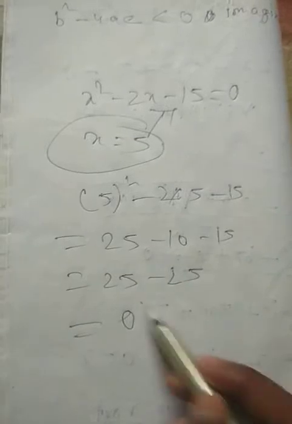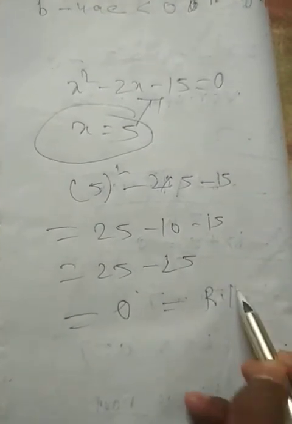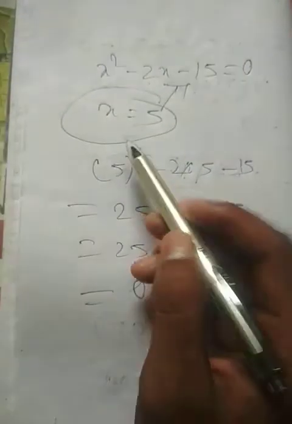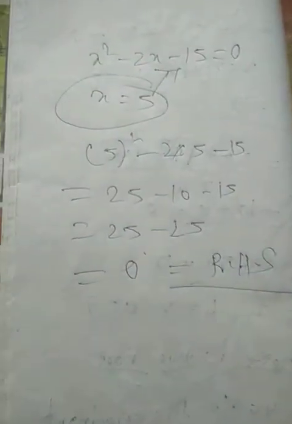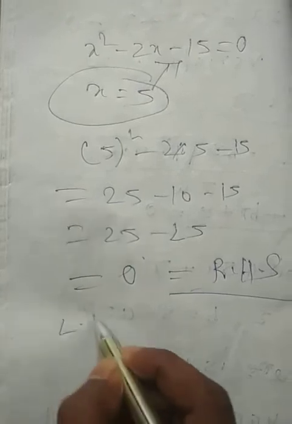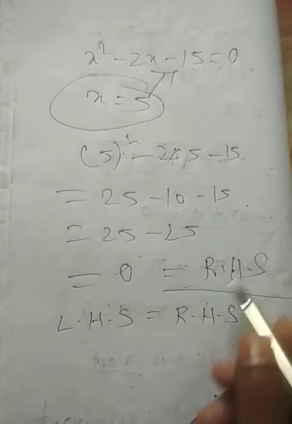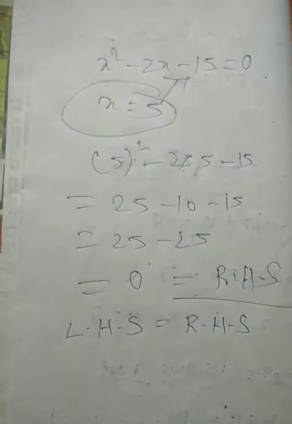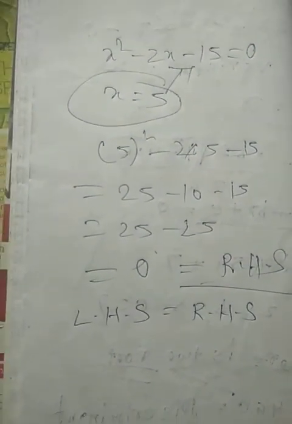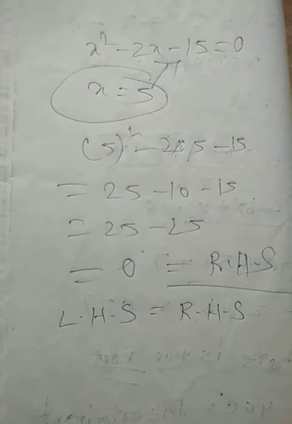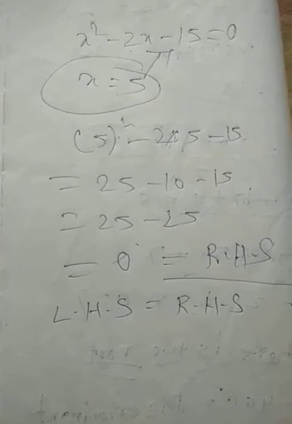So we got 0 in the LHS, and in the right hand side that is also 0. So by putting the value of x equal to 5, I got LHS equal to RHS. That's why I can say x equal to 5 is one of the solutions of that equation. So that's a very easy way to get that.